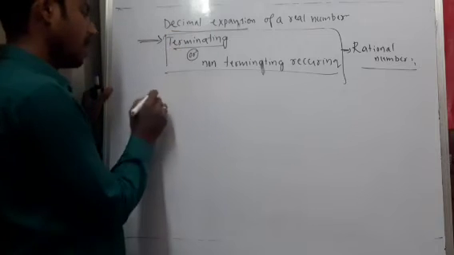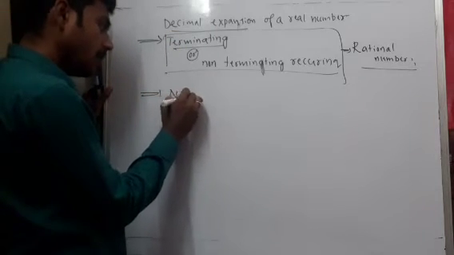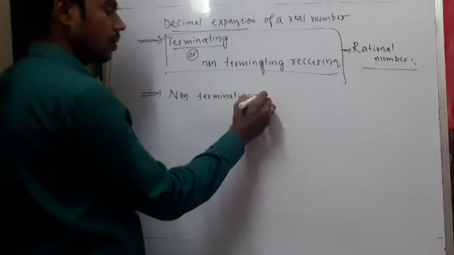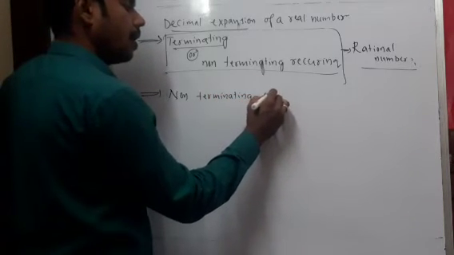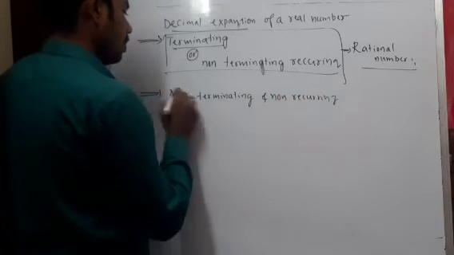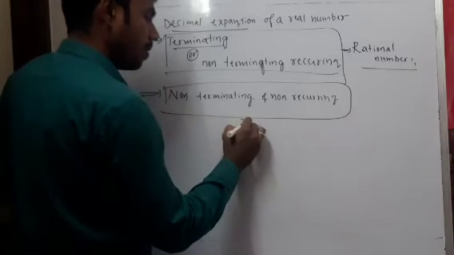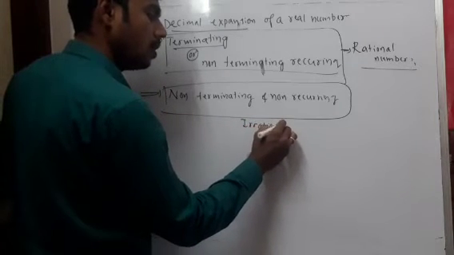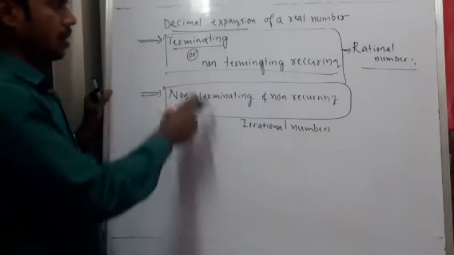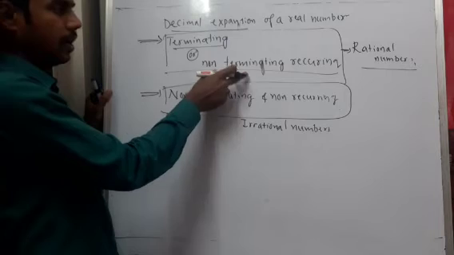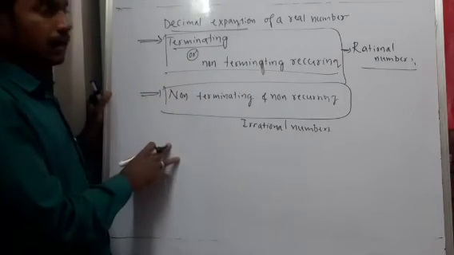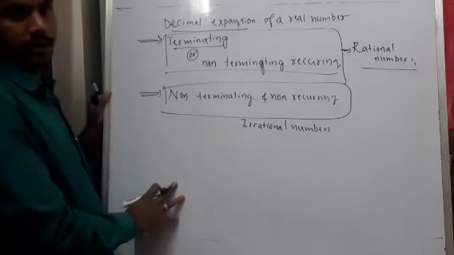If the decimal expansion is non-terminating and non-recurring, we'll call it an irrational number. Rational numbers: terminating, or non-terminating recurring. In case of irrational numbers: non-terminating, non-recurring.